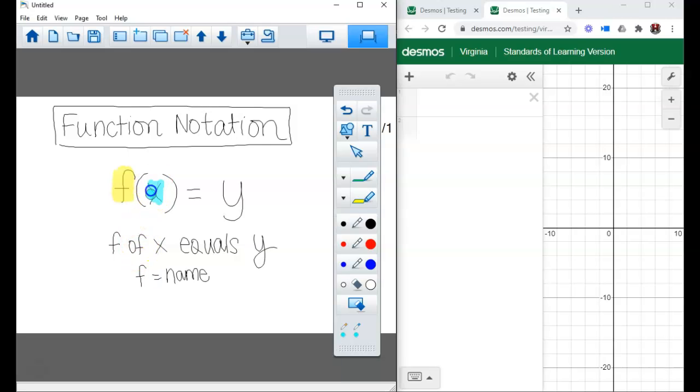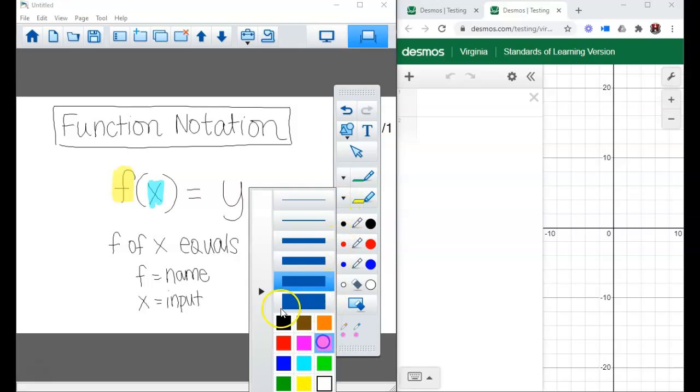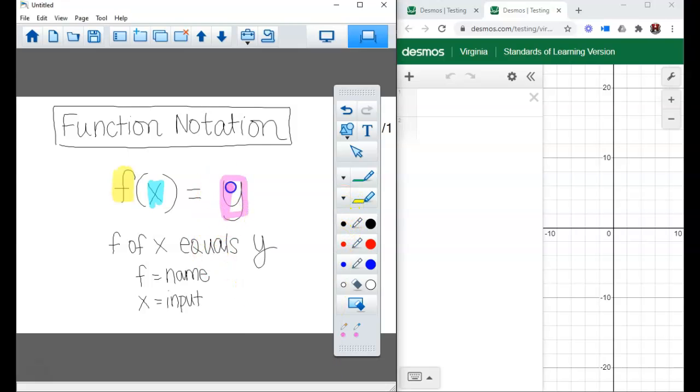The x that we see inside the parentheses is our input, because x is always the input. And then the y that we see over here, of course, is our output. So whatever you see inside of these parentheses, that's what you're supposed to input for x.